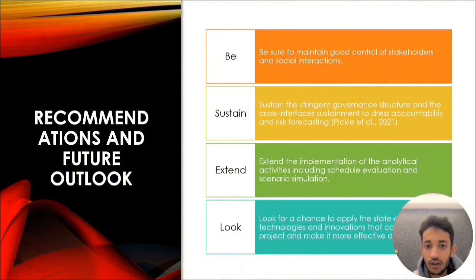Sustain the stringent governance structure and the cross-interface sustainment to address accountability and risk forecasting. Extend the implementation of analytical activities including schedule evaluation and scenario simulations. Look for a chance to apply state-of-the-art technology innovations that can make the project more effective.